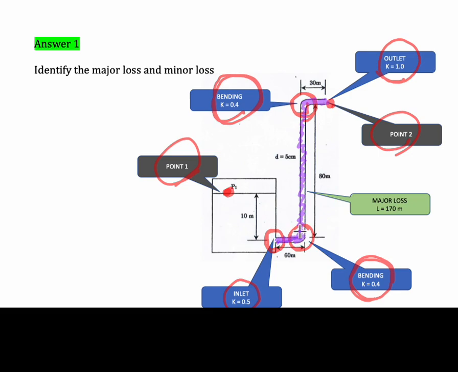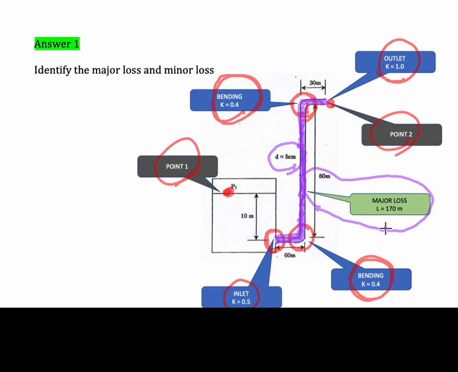While traveling inside this pipe, they will face resistance according to the roughness of the pipe and so on. So that means we need to calculate the major loss here. Because it only has one diameter, we could assume that all this length can be calculated in one equation.